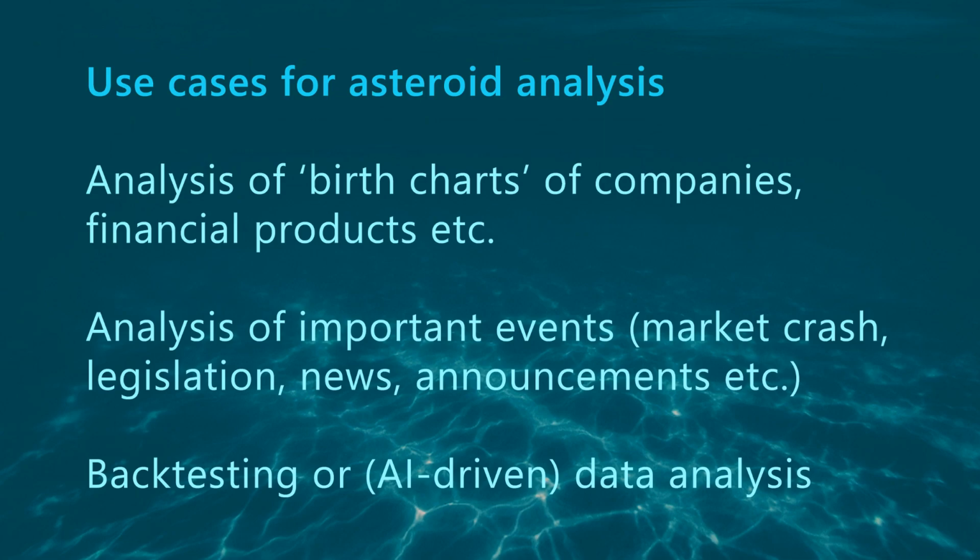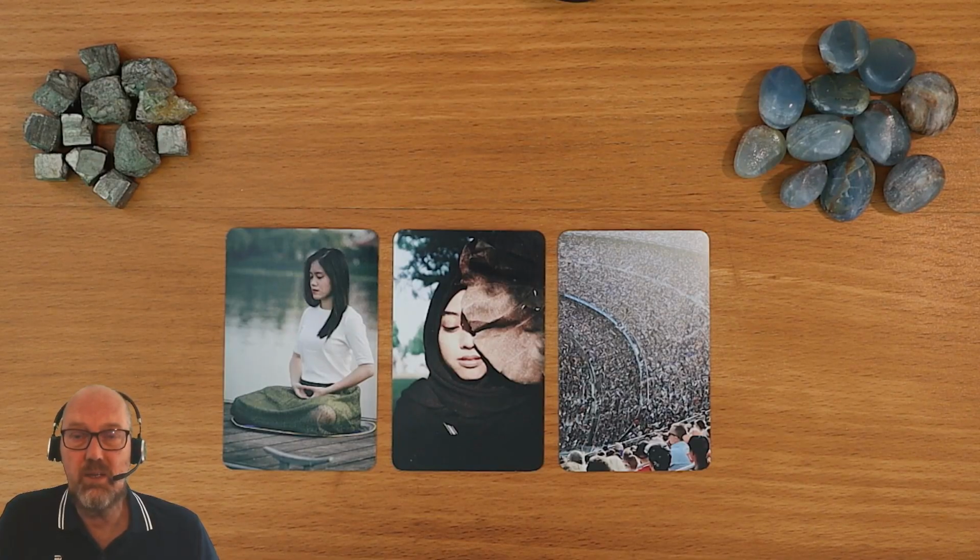Check the asteroids. Always do it. They will give you a lot of information, especially in birth charts, because a birth chart is a long-term thing. It is not like is the price going up or down or sideways in the next 10 minutes. No, it's a long-term thing. And asteroids are very reliable extra information there.